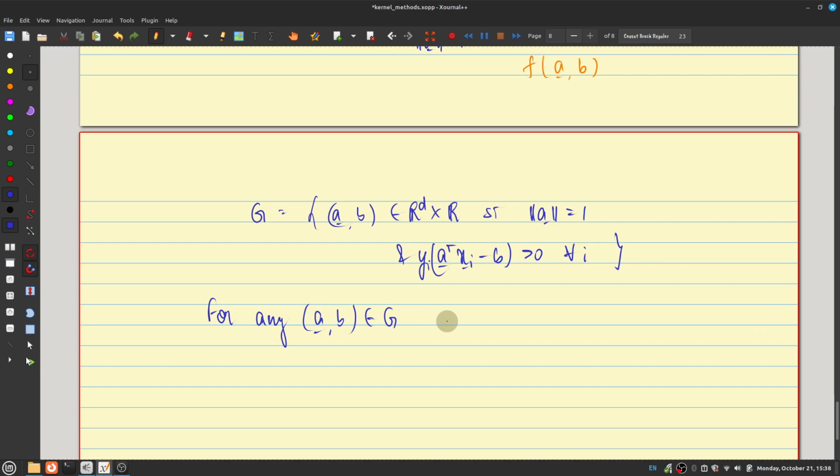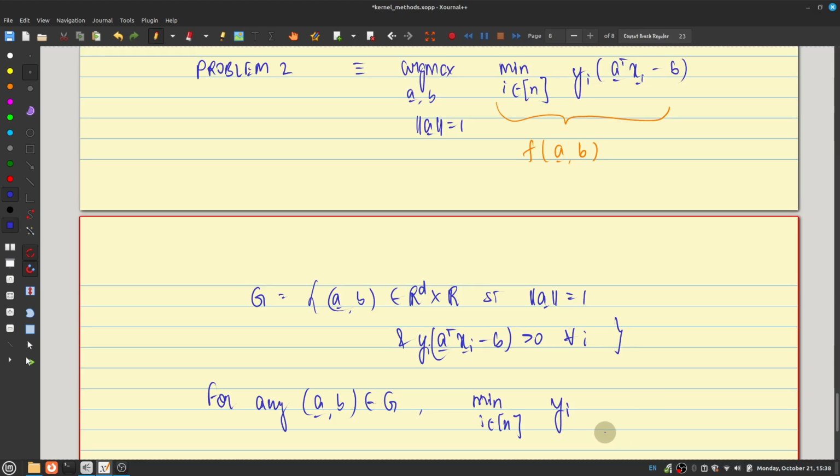what is the min over all i in N of this objective function that I had above? What does this evaluate to? It gives you the margin.